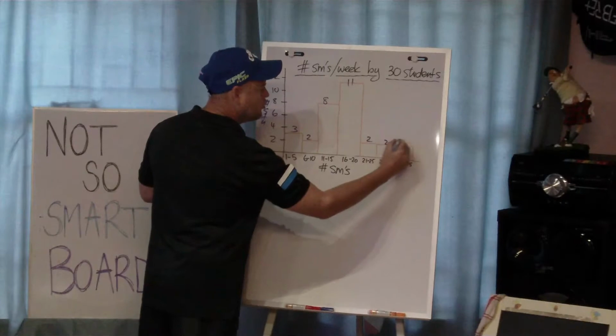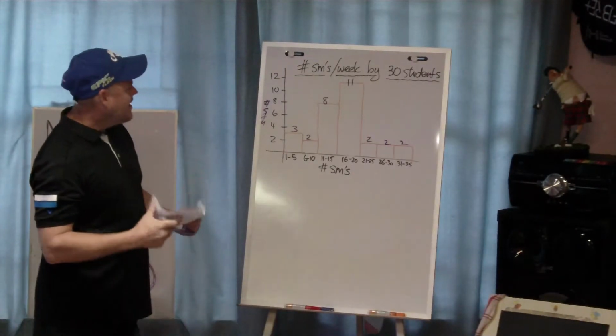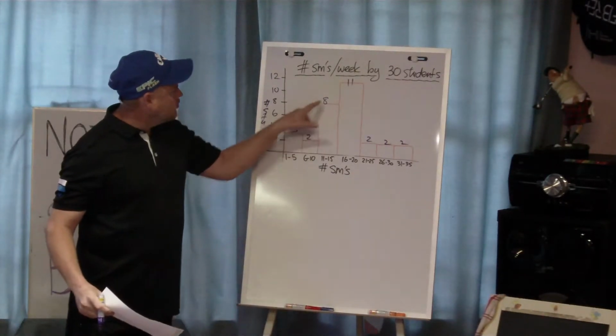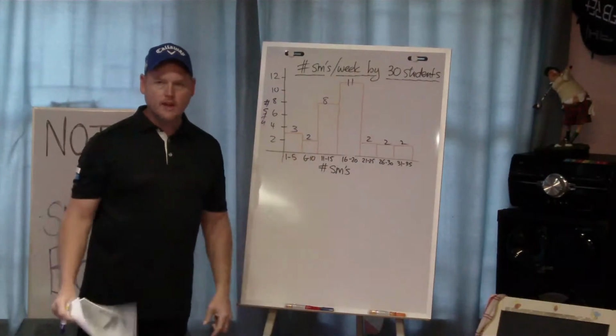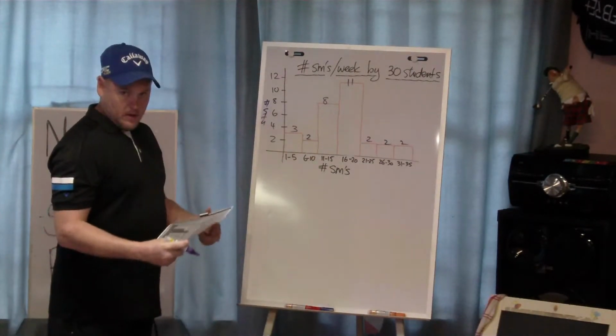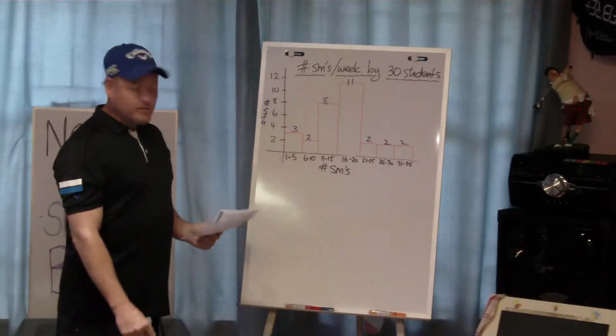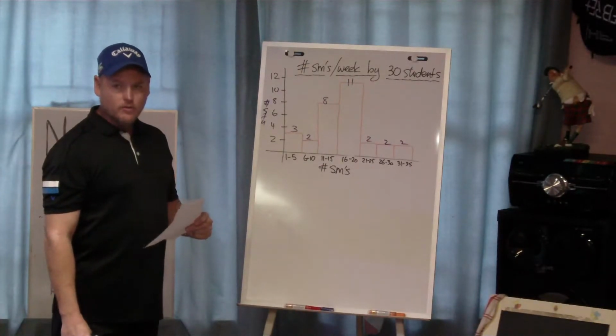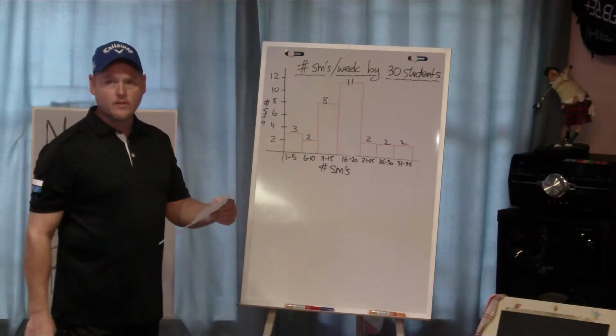And 2, 2, 2. If you add this all up, 3, 2, 8, 11, 2, 2, 2, you should get your 30. Now I totally understand this histogram, so I can start going through the questions easily.